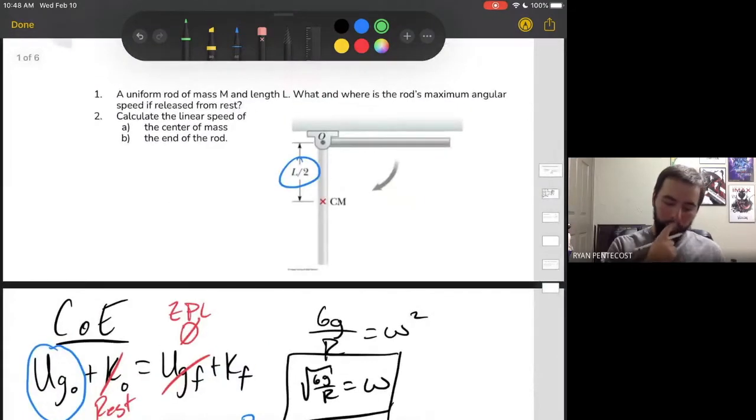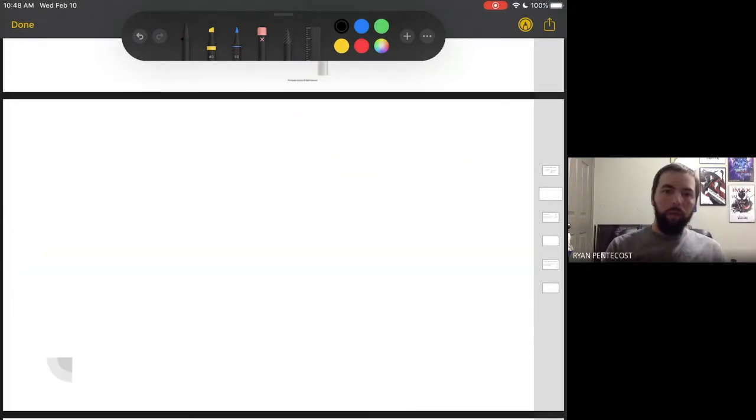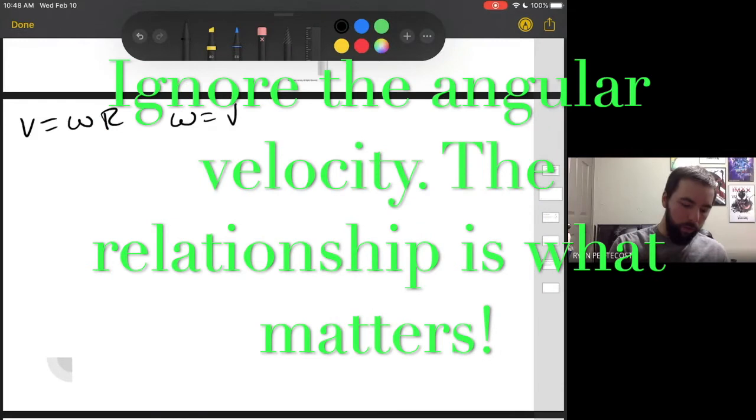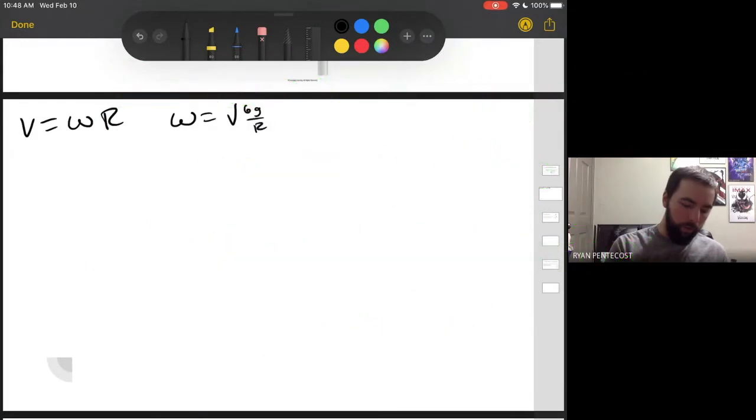Now, for part 2, it asks to calculate the linear speed of the center of mass and at the end of the rod. So to find the linear speed, we have v equals omega times the radius. And we just established that our omega is the square root of 6g over r.